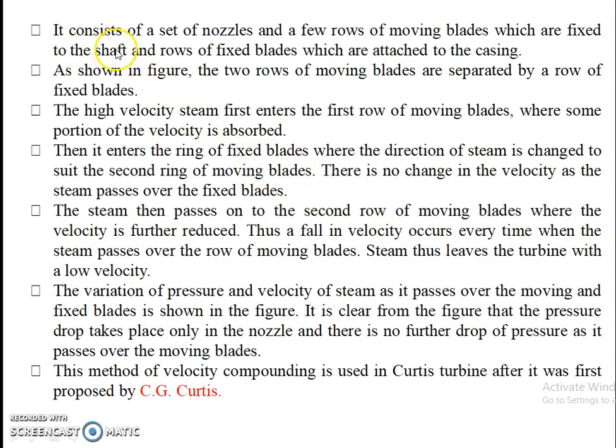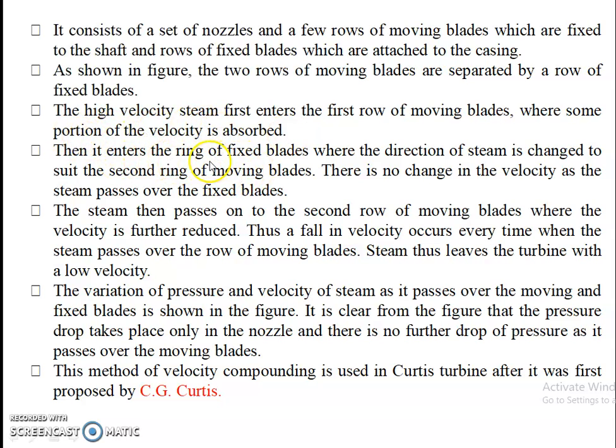The Curtis turbine consists of a set of nozzles and a row of moving blades fixed to the shaft, and rows of fixed blades attached to the casing. As shown in the figure, the two rows of moving blades are separated by a row of fixed blades. The high velocity steam first enters the first row of moving blades, where some portion of the velocity is absorbed.